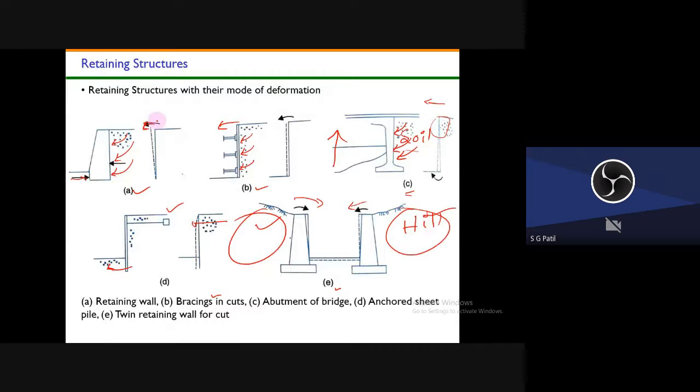Till now, whatever I discussed is just the introduction. Nothing here is coming from the exam point of view, so you don't have to worry about all these things. This is just to emphasize why you should study these retaining structures. To design all these kinds of structures, I need to know the earth pressure theory.